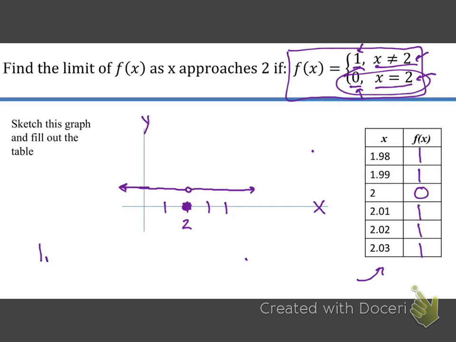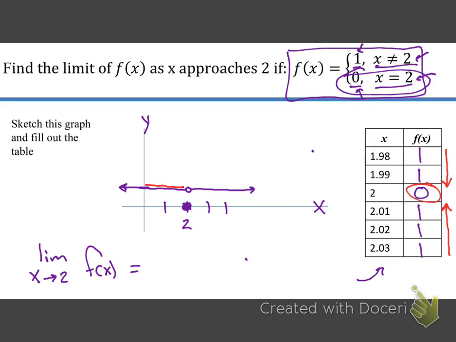So let's write that down. The limit as x approaches 2 of f of x is equal to... As we come in from both directions on the table, what does it seem like should be there? Or you can think about it graphically.